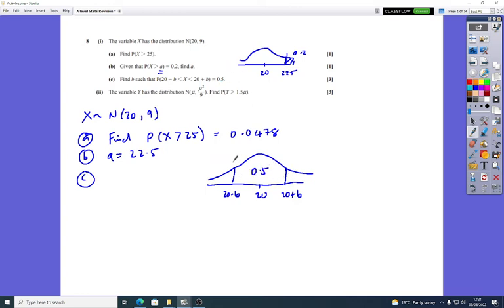The area under the whole graph is 1, so this area here is going to be 0.25, and this is also 0.25 because it's symmetrical at the center.